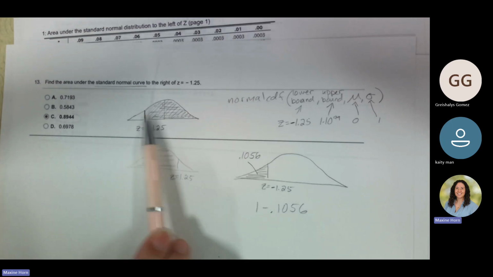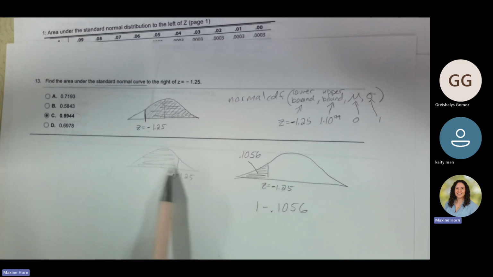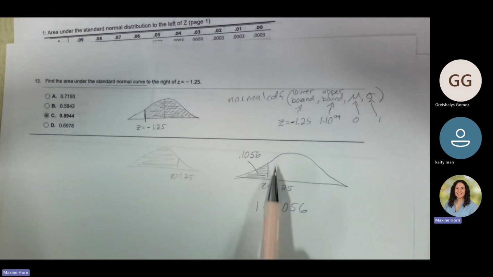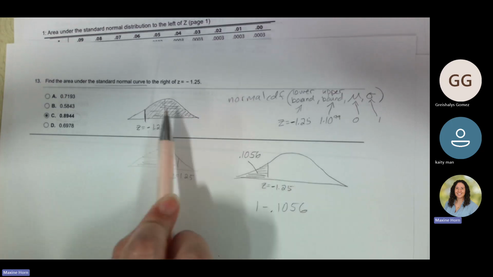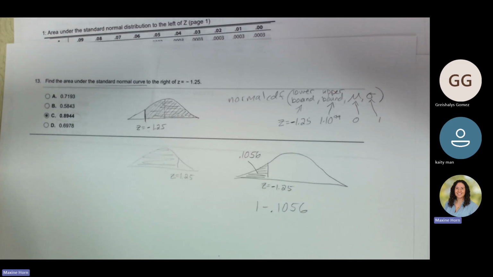Either find the reflection, because it's easier to find the area to the left because that's what the table actually gives us, or use the actual z-score that you have and then take the area that it gives you and subtract it from 1 because that gives us the area that we actually want. Okay? All right, lots of options.